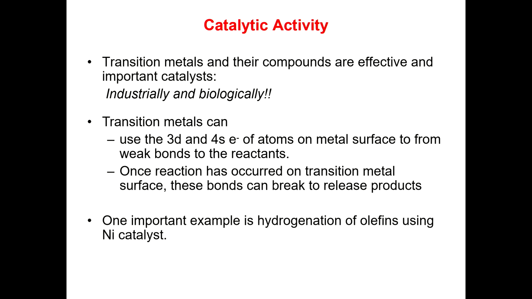So why can they be catalysts? Because they have some empty d orbitals. These empty d orbitals can accept electrons from other compounds or other atoms, so they can show the kinetic properties.